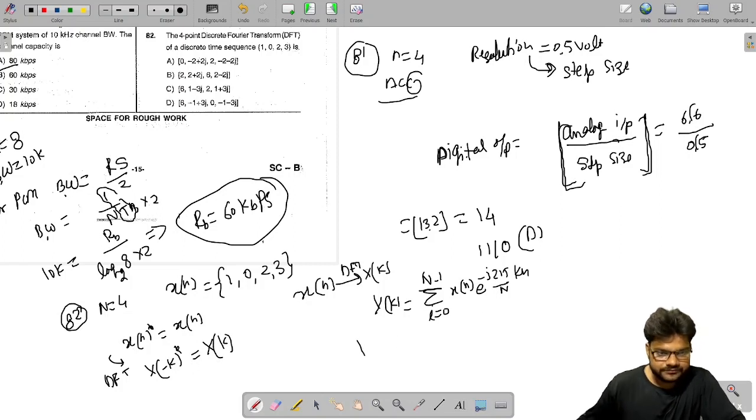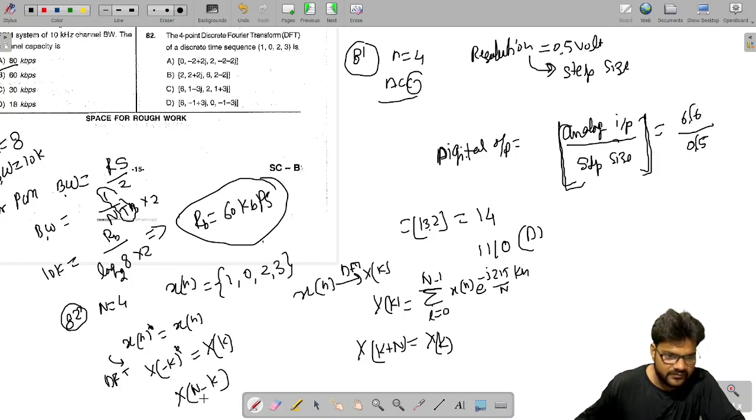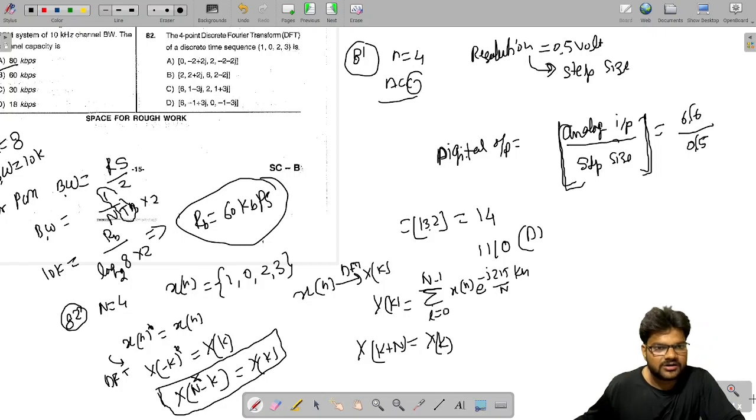And we know this is periodic. So X[k plus N] is X[k], right? Then for this you can write X of N minus k conjugate equals X[k]. So this is how you can write. With this you can easily crack the options.